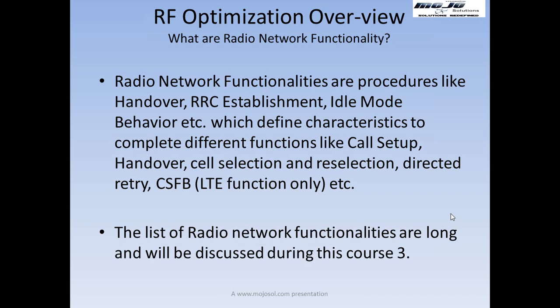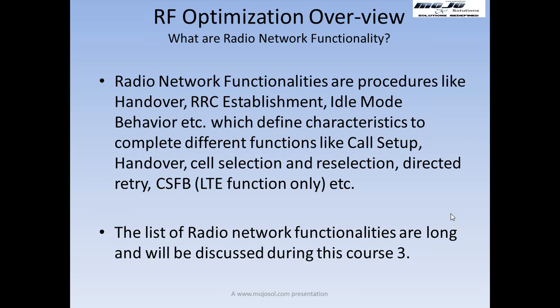The biggest difference is circuit switch. Yes, you're right. LTE is all IP. There are no circuit switch calls. The voice call even in LTE is an IP call. It's called VoLTE, voice over LTE.